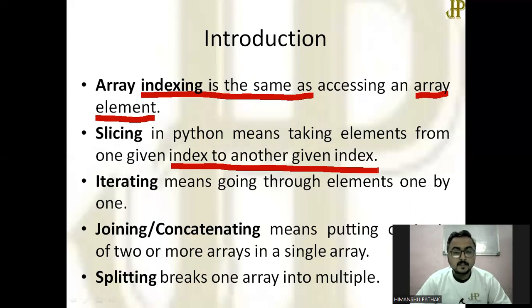And at last, just the opposite of concatenating is splitting, if you want to divide one NumPy array into 2 or more arrays. Clear? So let's start one by one.